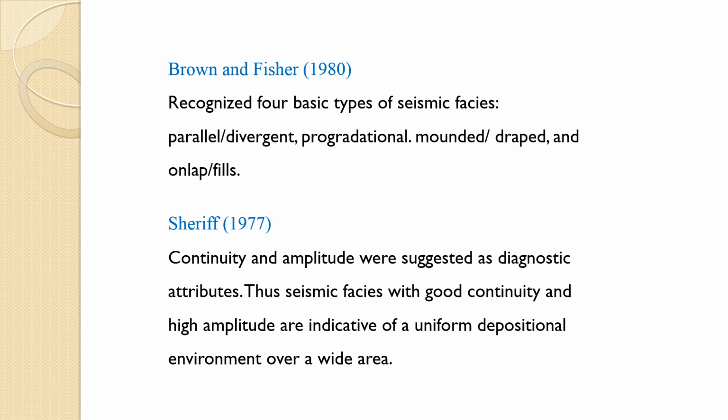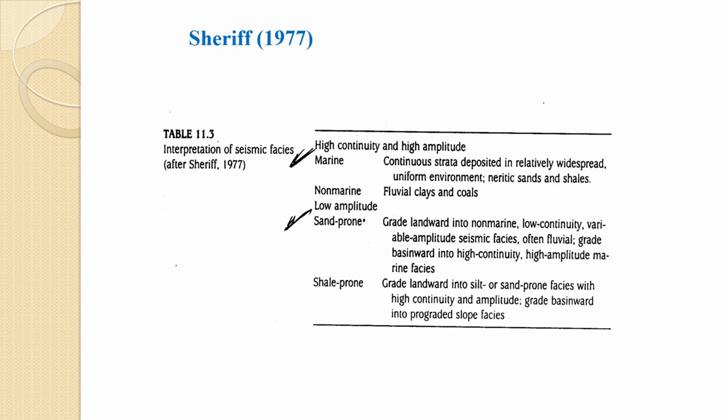The main thing in this classification is continuity and high amplitude, which are indicative of uniform depositional environment overall. This is a table for the classification of Sheriff in 1977, and it gives you an idea about high continuity and high amplitude in marine or non-marine environment. Same thing for low amplitude, and you see the sand prone and shale prone.